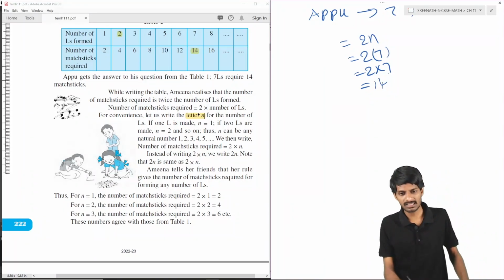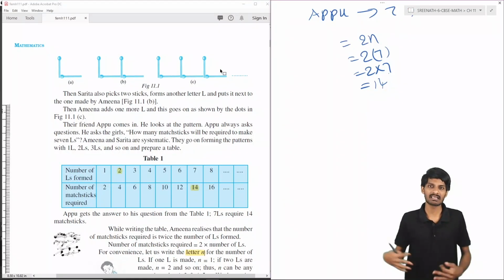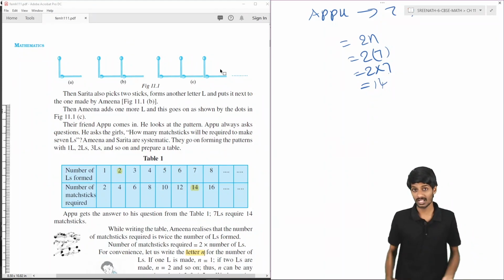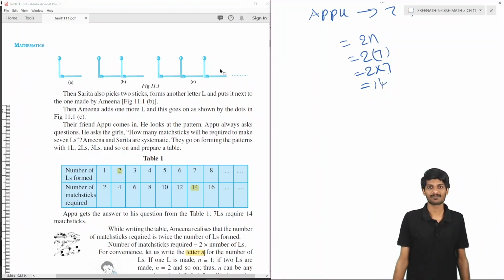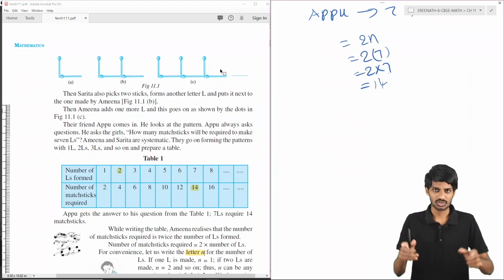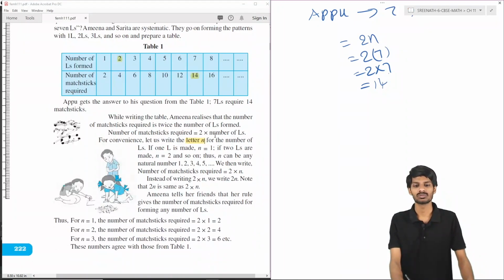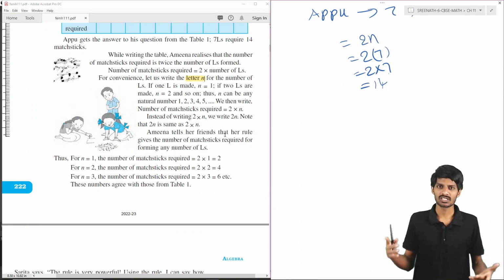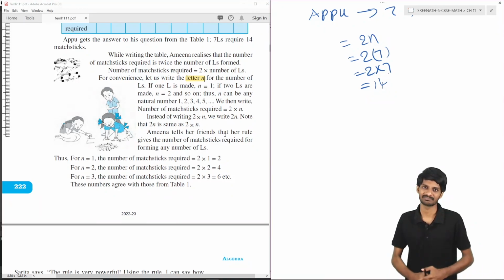But if you want to do the same task by arranging 1000 L's like this, it will take so much time, work, energy, cost, and money. So we have to be smart now, students. In order to become smart, we have to use shorter and smarter ways. By using this same thing, we can simply say 2 into 1000. If you want 1000 L's, that is nothing but 2 into 1000, which means 2000 mastics.